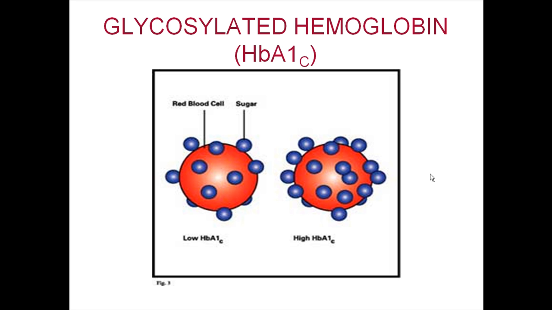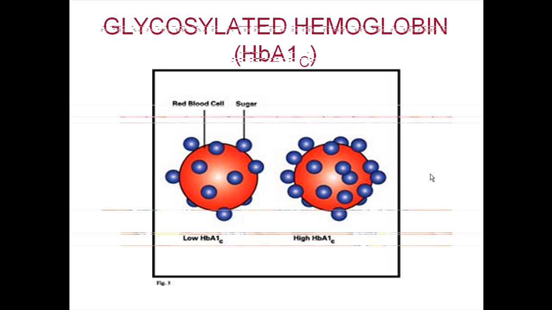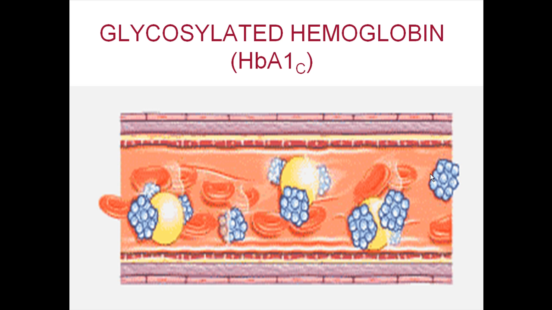And so the more blood sugar you have, the more it's going to stick to the red blood cells, and they don't unstick. And so basically you can look at a 3-month average that will tell you how you've been doing with your blood glucose levels with that. And here's just another picture that shows that you've got this sugar attached to the red blood cells.